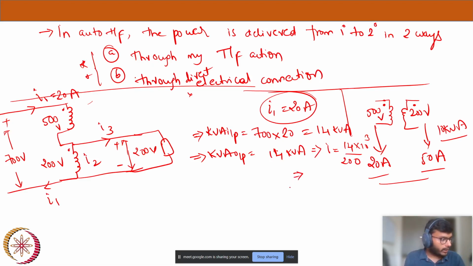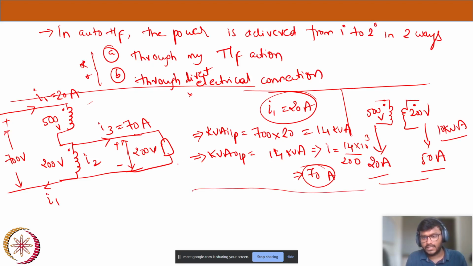Now what is my output current? 14 kVA divided by 200. How much? It's 70 amps. Now I3 is equal to 70 amps. You understood how we got the 70 amps? We just used simple KVA balance. We know the input KVA, and the output KVA must be balanced. So we got the 70 amps current.